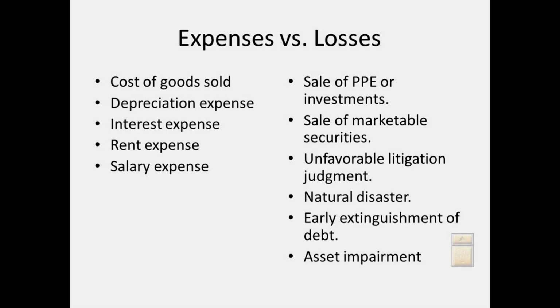If you have some kind of crazy weather situation and it causes damage to one of your facilities that's unnatural, that you're not expecting, okay, it might be considered a loss. There's a hailstorm and it breaks all the windows in your warehouse. Well, you're hoping that doesn't happen year after year. Now, if hailstorms are frequent, then maybe it wouldn't be considered a loss.